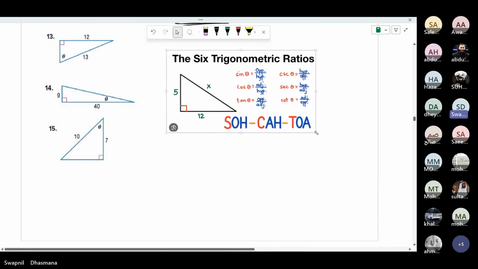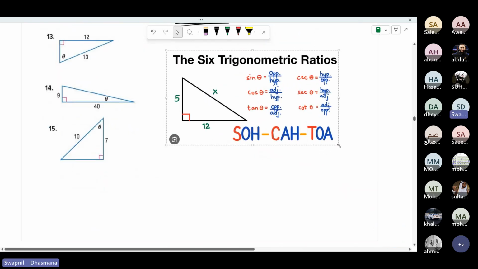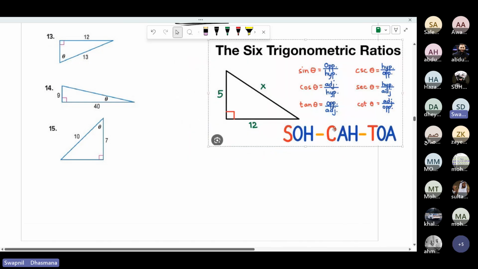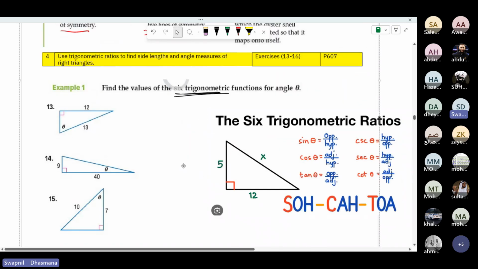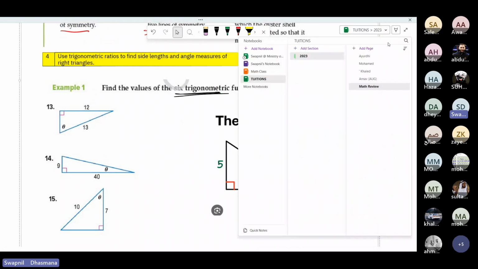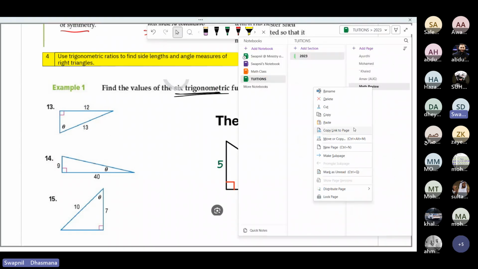So these are 6 trigonometric ratios. You already know about them. We have discussed them like 1,000 times. Actually, I'll just share this file right away. But don't write on it.